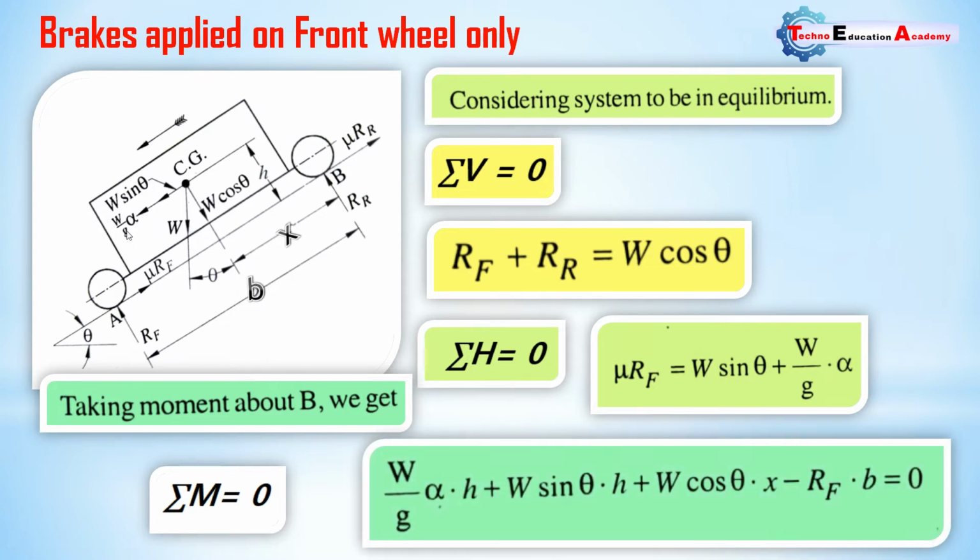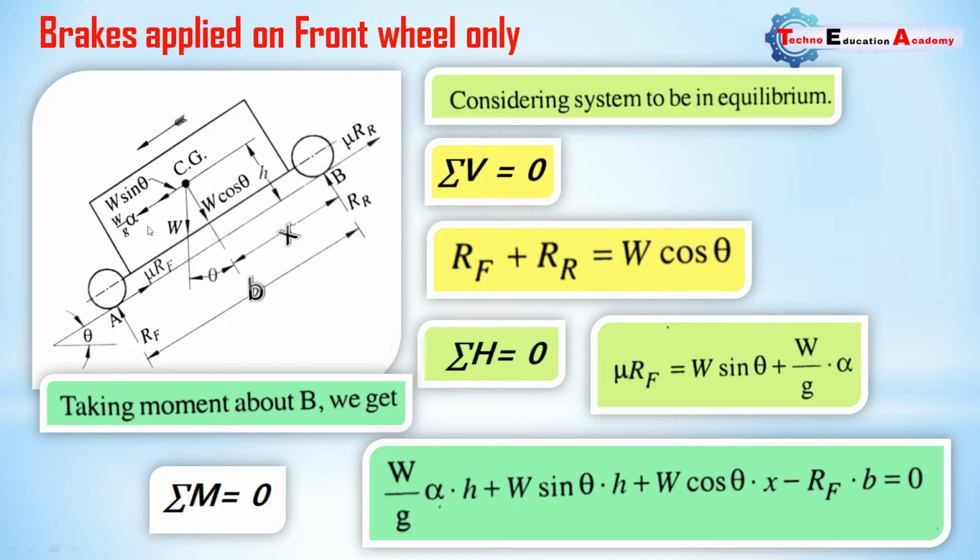The first force, inertia force W by G alpha, its distance is h from this reference line at point B. If you are considering a clockwise moment as positive, then consider anti-clockwise as negative, and if you are considering anti-clockwise moment as positive, then consider clockwise moment as negative. Or you can directly compare clockwise moment equal to anti-clockwise moment in the system.